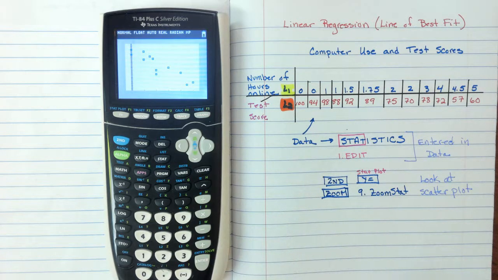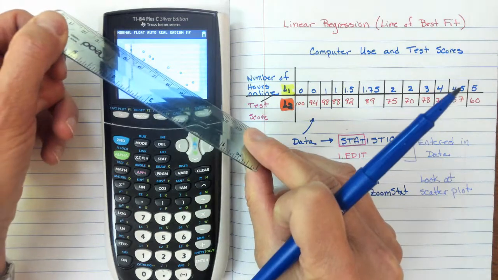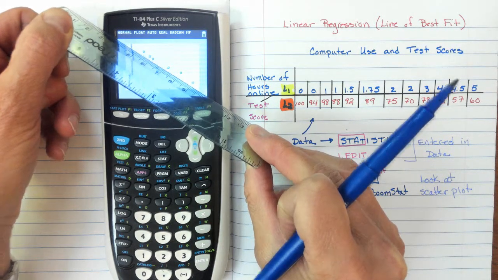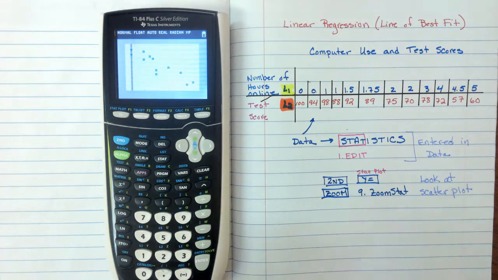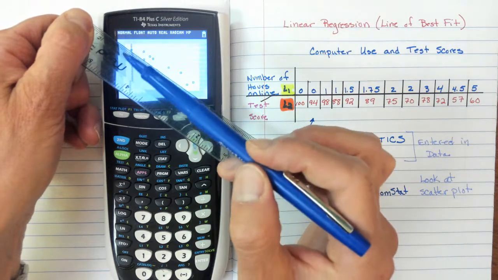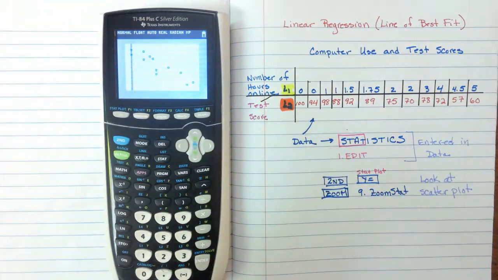If we were going to graph this by hand, I would say, okay, the line of best fit looks like it's right there. It looks like there is a negative trend because my line is going down. We're going to do one more thing because I'm going to have the calculator tell me how good this data is compared to the line.